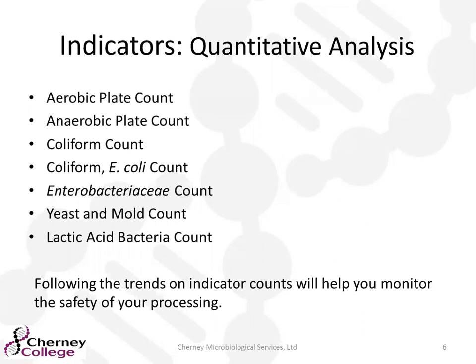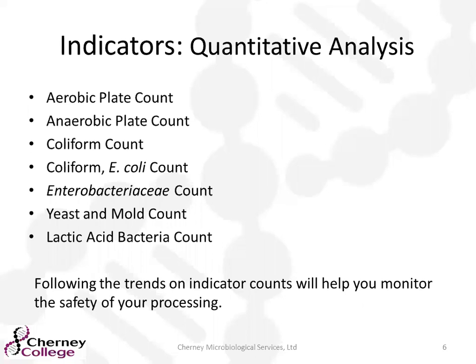Taking a broader approach of that same area is the Enterobacteriaceae. So we'll see in some of the visual depictions later that the coliform group that we're looking at as an indicator organism fits inside of that Enterobacteriaceae, or EB for short, and gives us a much broader scope.